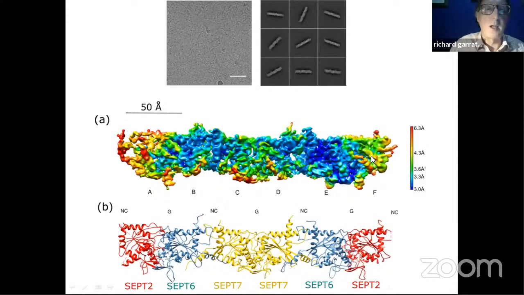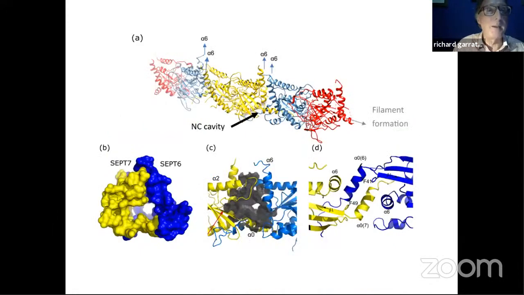Its average resolution is 3.6 angstroms, but its local resolution varies quite considerably. And in this particular dark blue region of the structure, the map looks very good indeed, and it's better than 3 angstrom. If you were to compare it with what a 3 angstrom map looks like from an X-ray diffraction experiment. Okay, so what that means is we're now able to look at the hexamer directly.